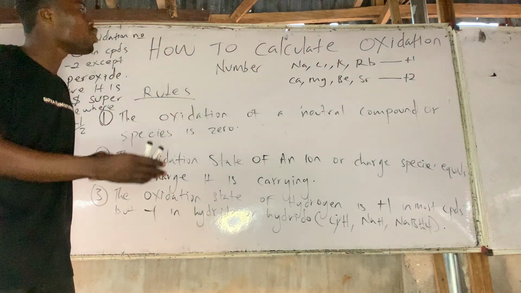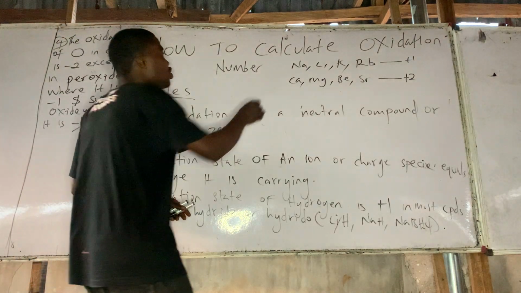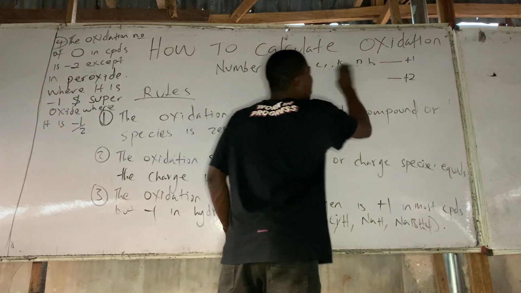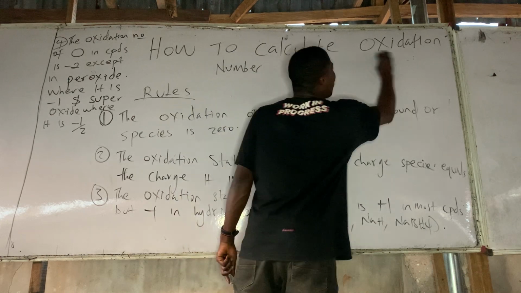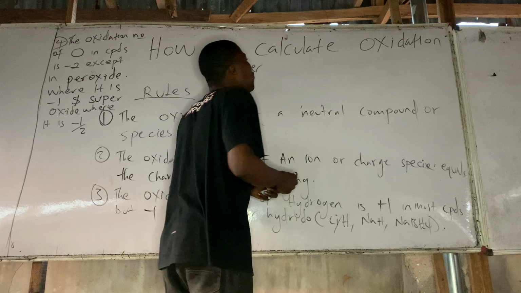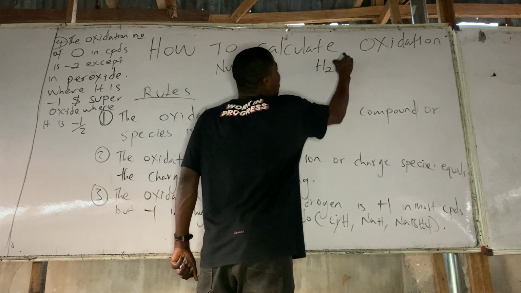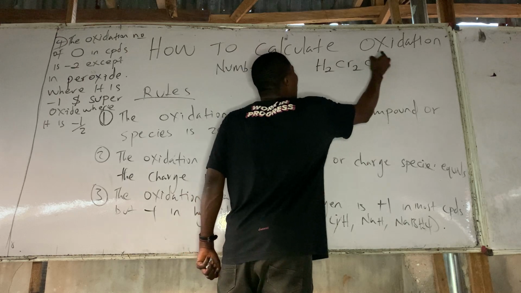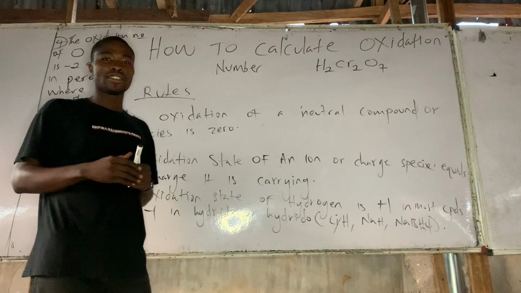Now I will take 1 or 2 examples to illustrate what I've done. Let's use the example of H2Cr2O7, dichromic acid.